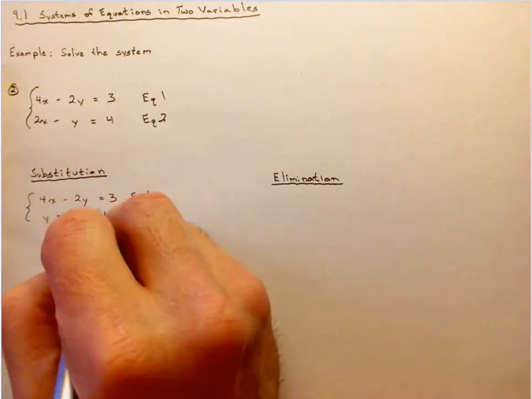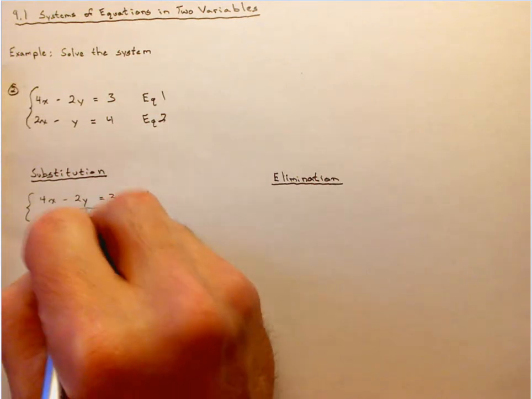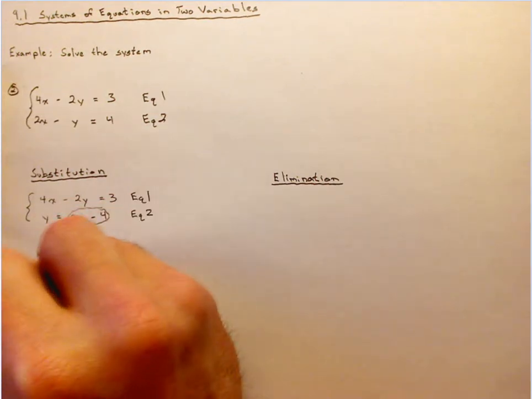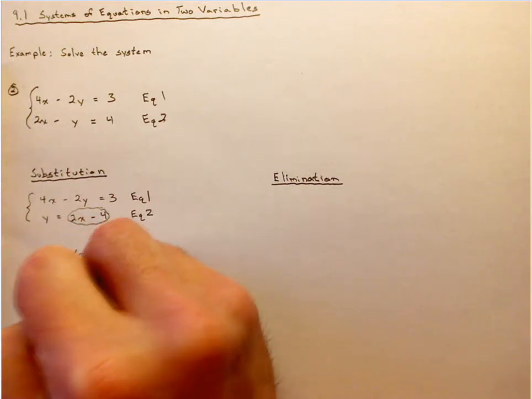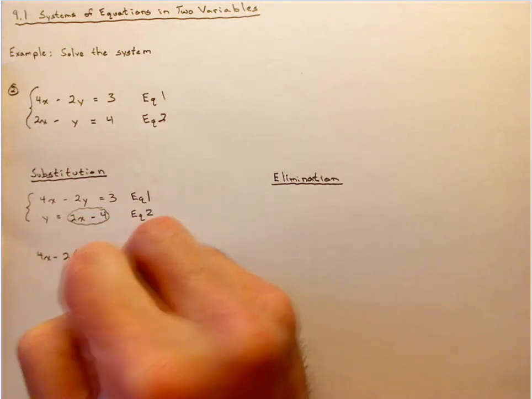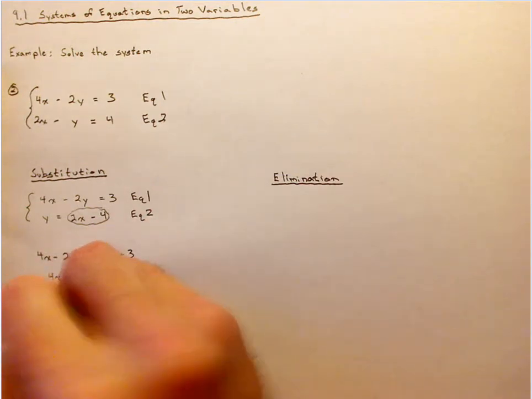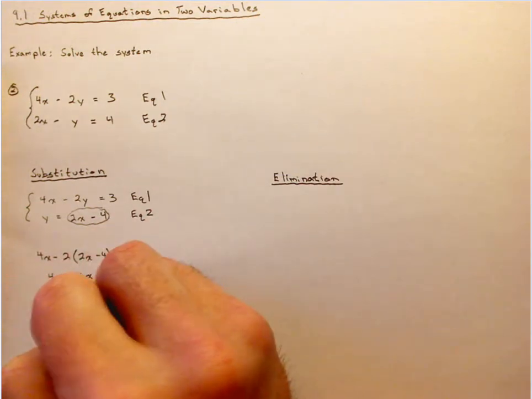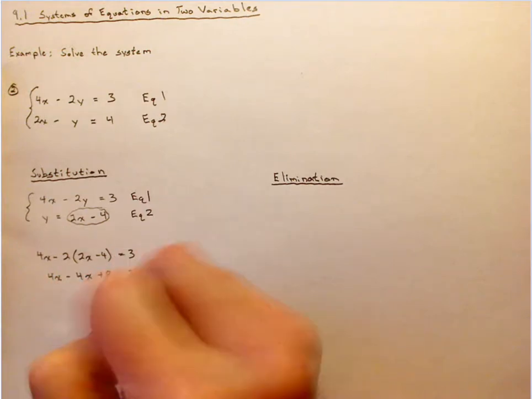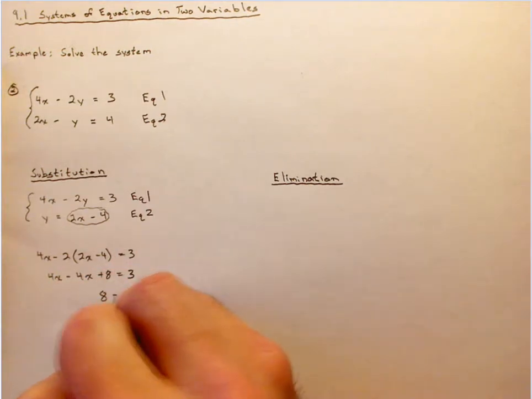So I'm going to take this value here and I'm going to plug it in for y. So I have 4x minus 2 times 2x minus 4, and that's going to equal 3. 4x minus 4x plus 8 equals 3, and I end up with 8 equals 3.